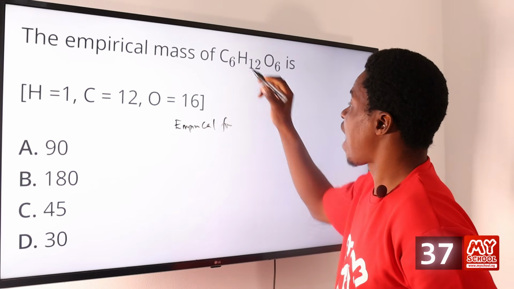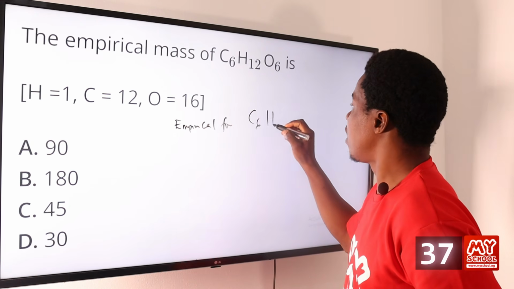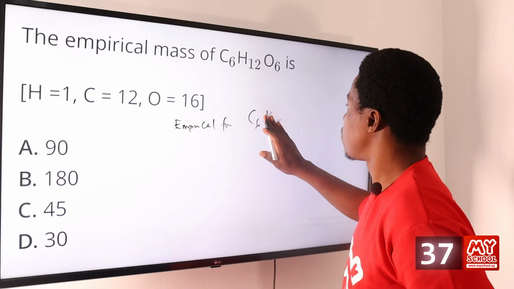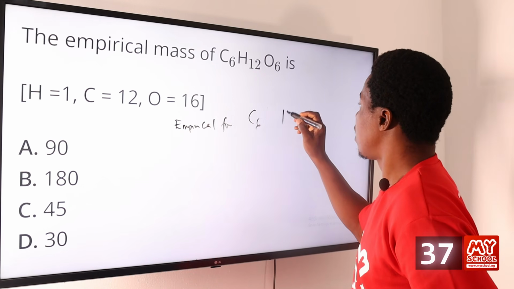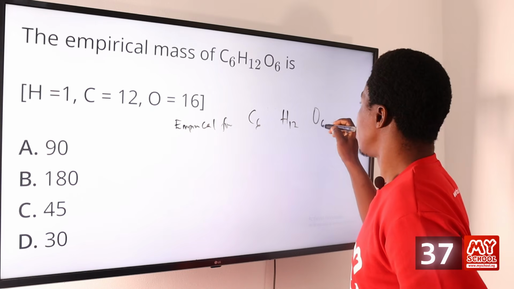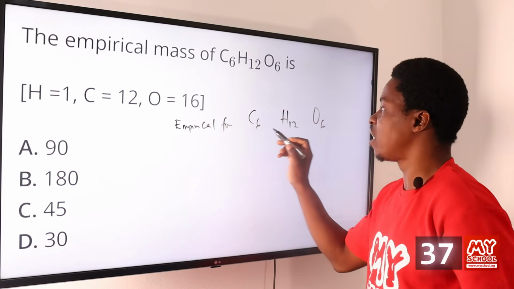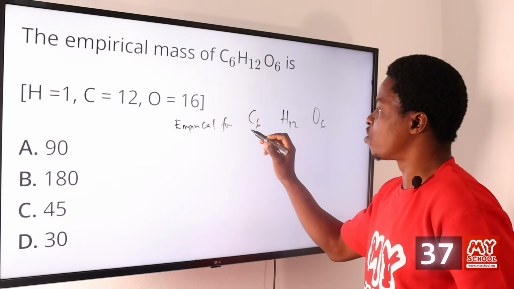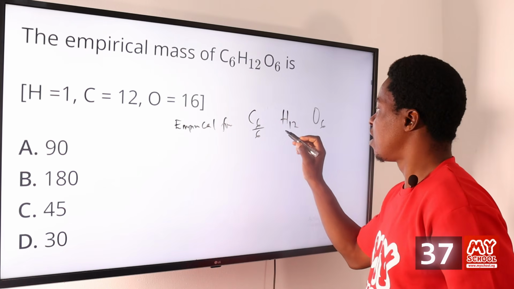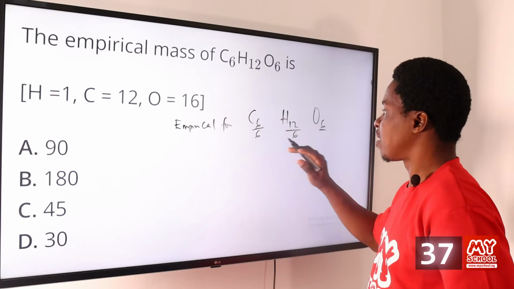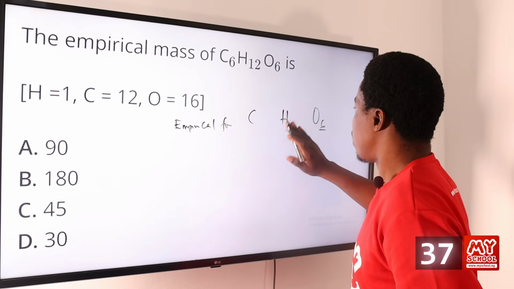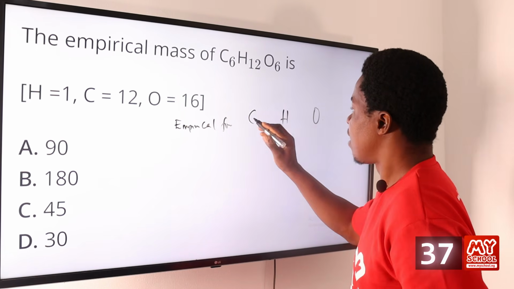all we need to do is we have C6H12O6. We have a common factor here, which is 6, 12, and 6. So 6 is a common factor, and we divide all this by 6, by 6, by 6. Let me write it this way to make it clearer.